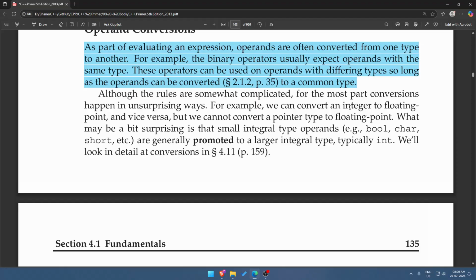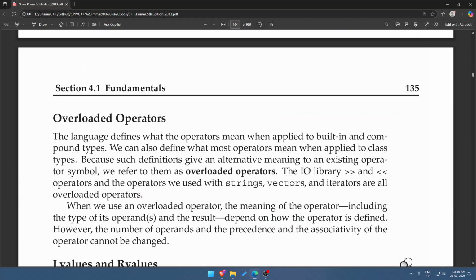For example, we can convert an integer to floating point and vice versa, but we cannot convert a pointer to a floating point. What may be a bit surprising is that small integral operands, bool, char, short, are generally promoted to a larger integral type, typically int. We'll look in detail at the conversions later.